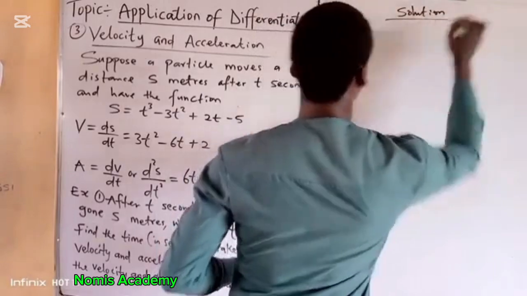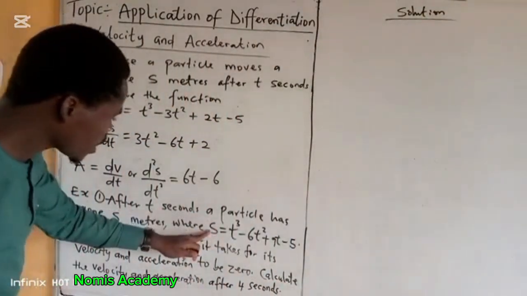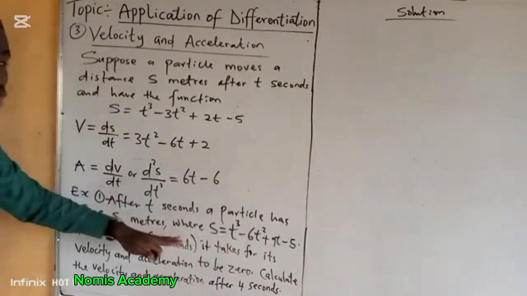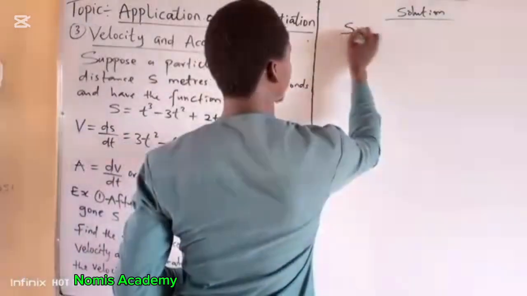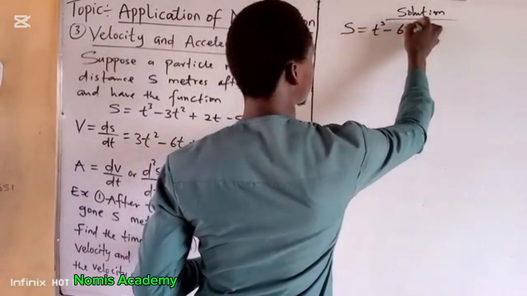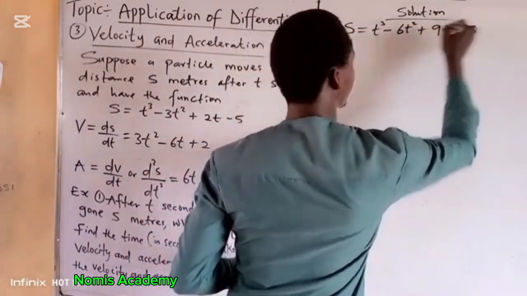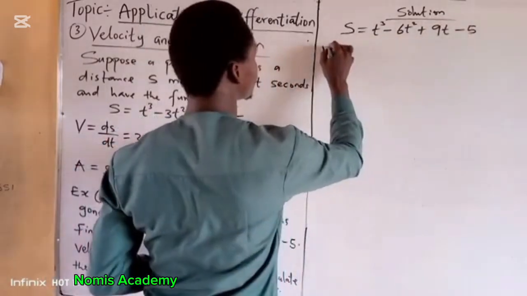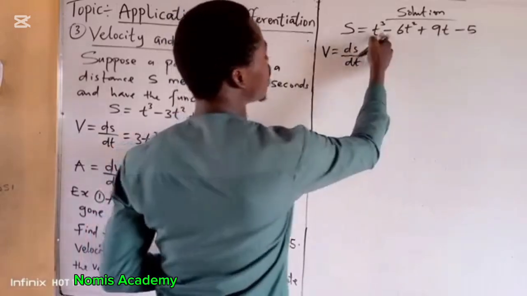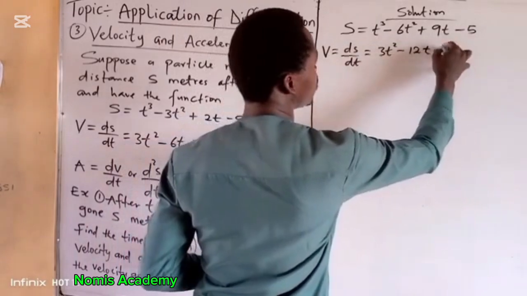Now we are going to find the velocity and acceleration of the function. Since we have s equal to t cubed minus 6t squared plus 9t minus 5, the velocity, which is ds over dt, is equal to 3t squared minus 12t plus 9.